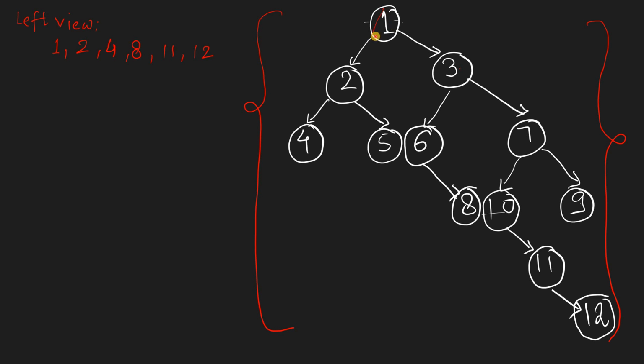From the right we can see this, this, this one, this one, this one as well, and this one as well. So the right view will be 1, 3, 7, 9, 11, and 12. So this will be the right view.